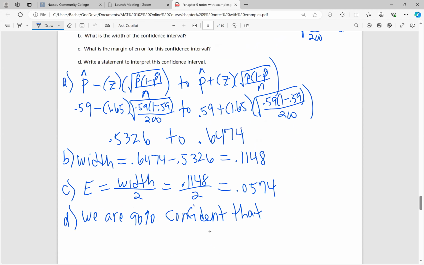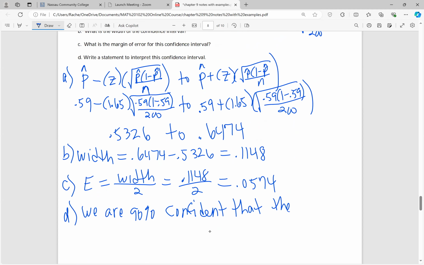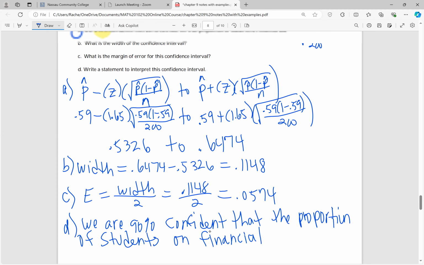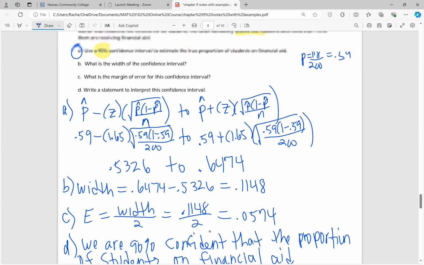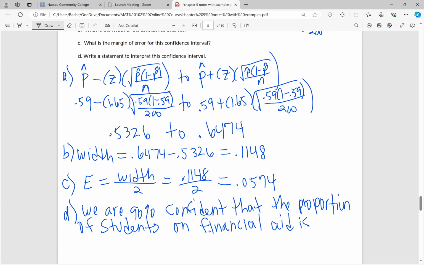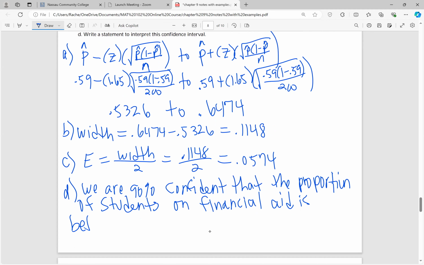So we are 90% confident that the proportion of students on financial aid is between 0.5326 and 0.6474.